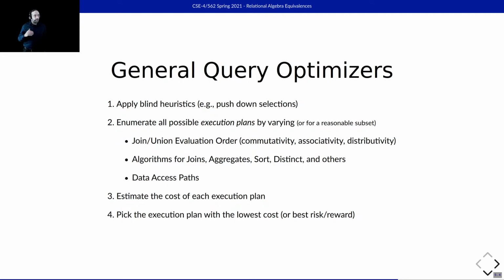So what a typical optimizer will do is not optimize for the best cost, but rather for the best risk reward. It'll optimize for the best cost while at the same time having the lowest chance of having a horrible cost if we misestimated, if we made a mistake in our estimates.